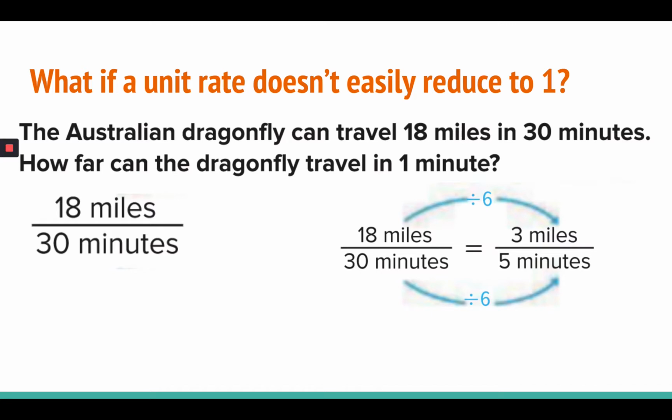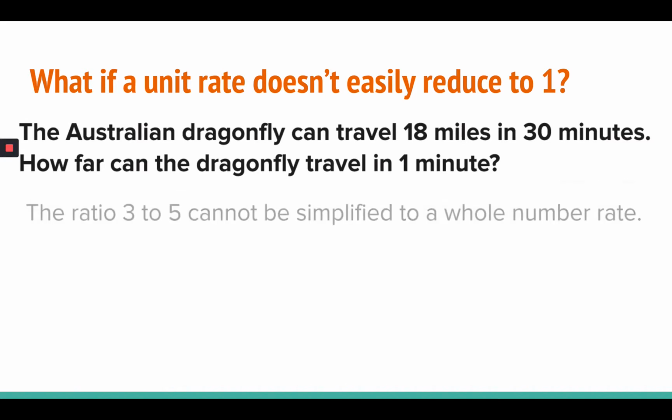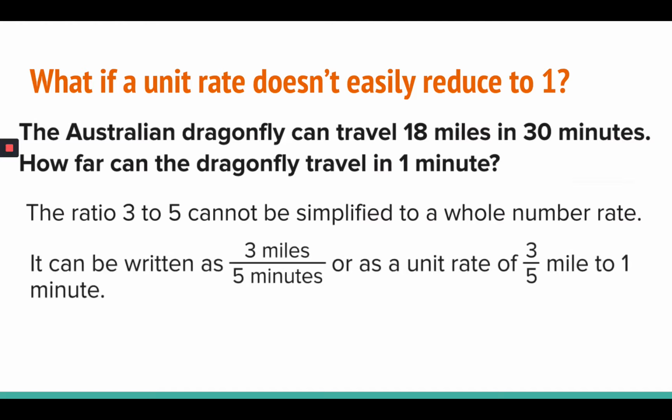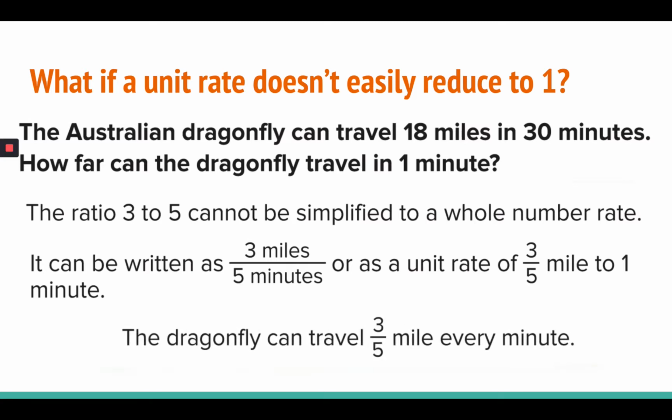Brings it down to the most reduced fraction, but I still can't easily get down to 1. I cannot take 3/5 and make it into a nice simple number over 1. So I can just write 3/5 mile to 1 minute. You can just leave it like that. It'd be a fraction, 3/5 over 1, to every 1 minute.